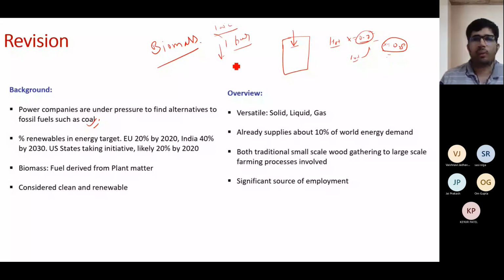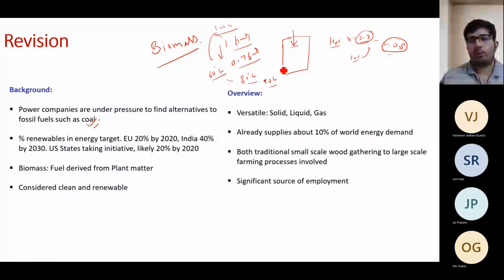But if you decrease the pressure in the flash chamber to 0.7 bar, maybe now you require only 60 degrees centigrade. So water at 60 degrees centigrade is now converted into steam, water at 80 degrees converts to steam, 90 degrees converts to steam. So from the 60 to 100 degree centigrade water range, now we are having steam. Earlier it was in the water phase, but now it is in the vapor phase.